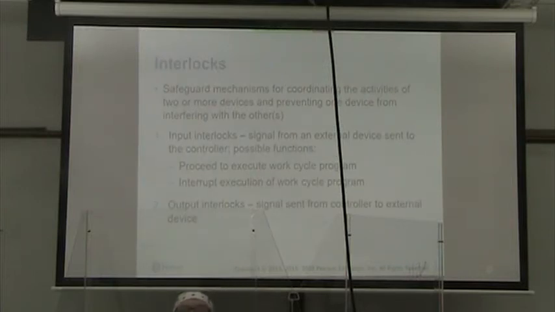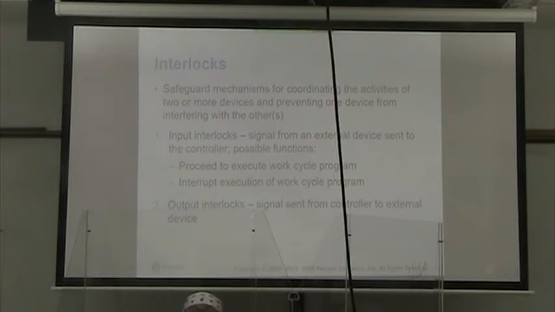All right, so interlocks are safeguard mechanisms. So they are coordinating the activities of two or more devices and preventing one device, or it could be a person, from interfering with the others.